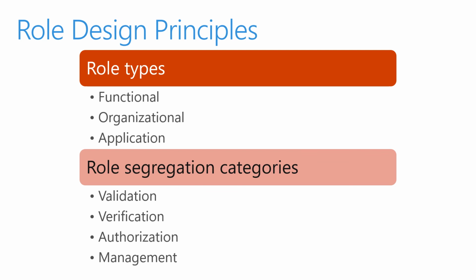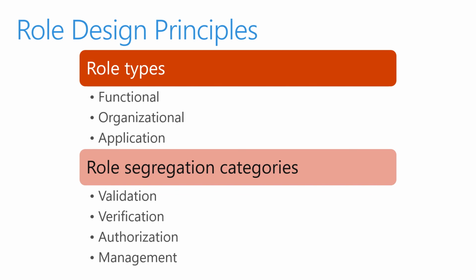The role segregation categories are divided up into four types that each focus on their types of responsibilities. The first role segregation category that was used in the design process for the out-of-the-box roles is validation. These are for clerks, and validation type roles focus on recording transactions.